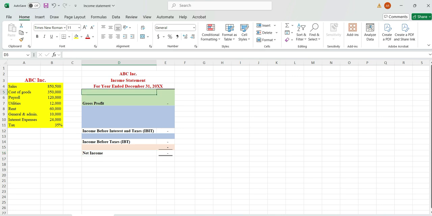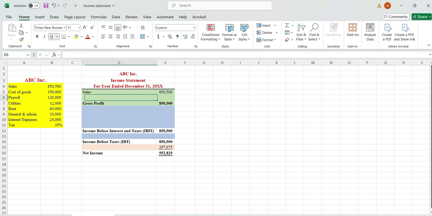So let's try to start preparing our income statement, and the first thing is to record revenue or sales, which in this matter was $850,500.